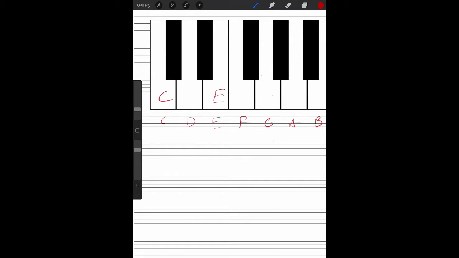C, E, and G, so that's the 1st, the 3rd, and the 5th scale degree, and we stack those together. C, E, and G, and we have a C major triad.